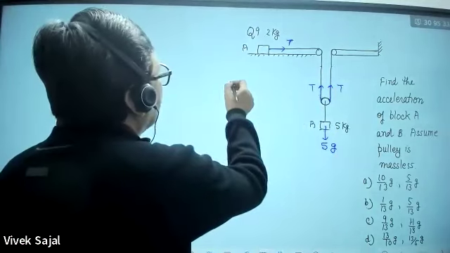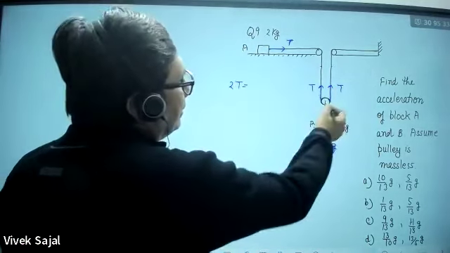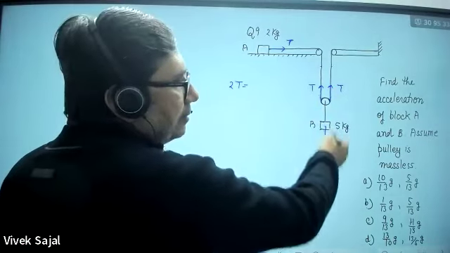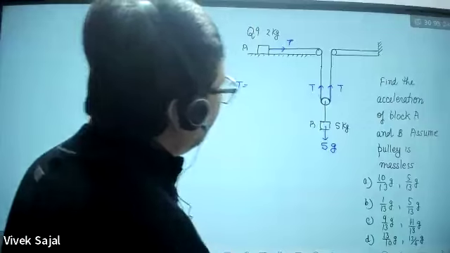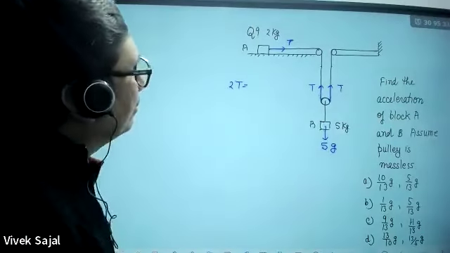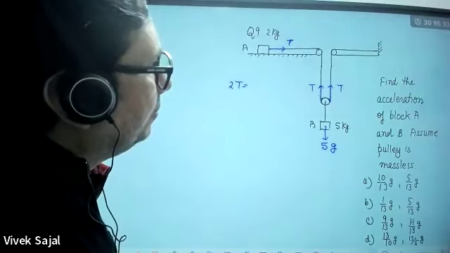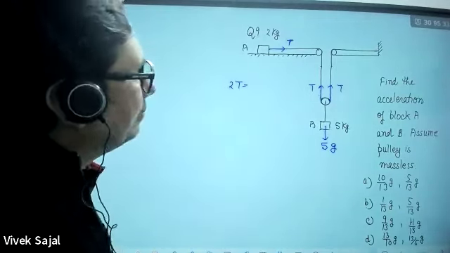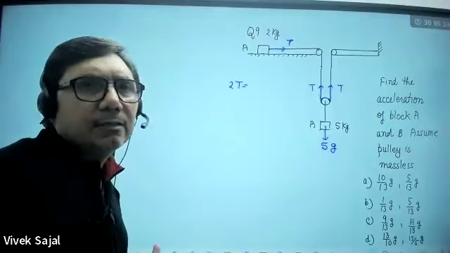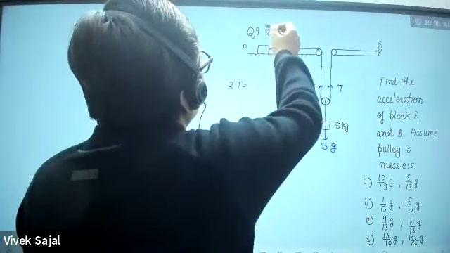From here I can write that the upward force 2T is counterbalancing its weight. What we have to find out is the acceleration. Suppose you want to find the acceleration of blocks A and B. Assume the pulley is massless. So how will you find it?